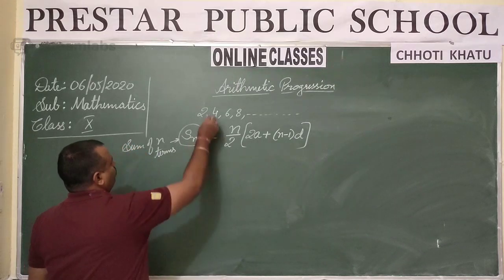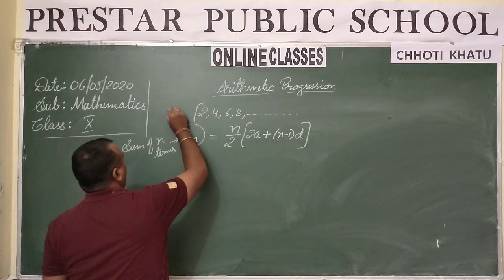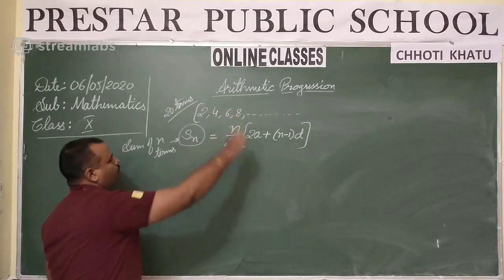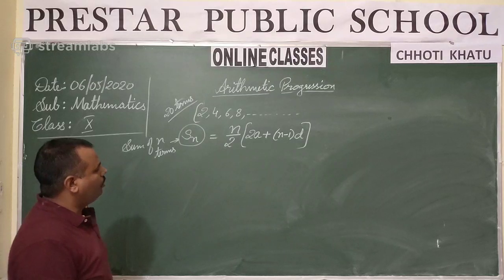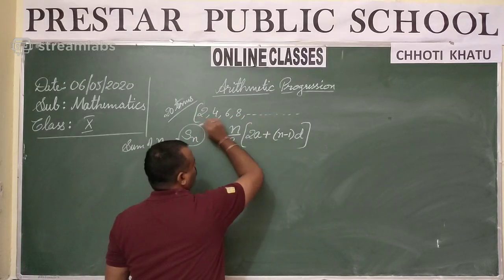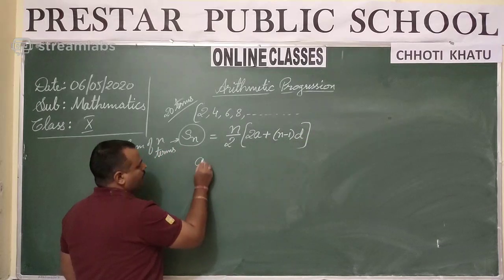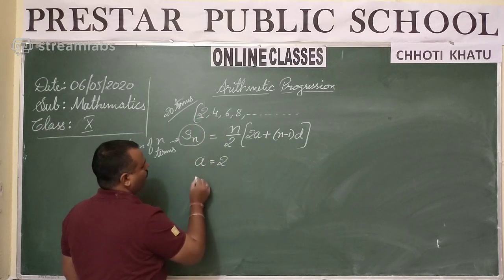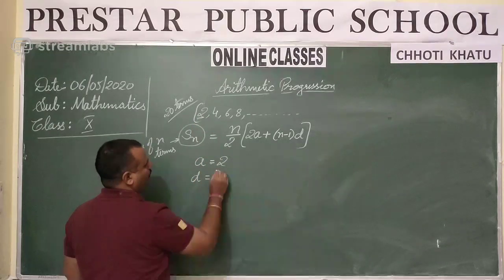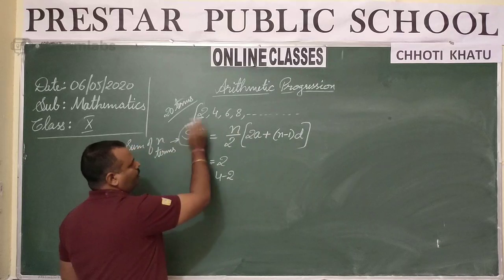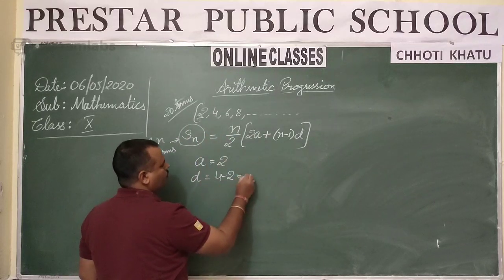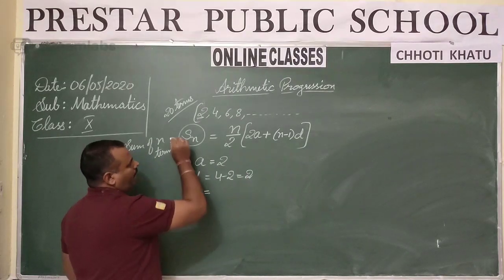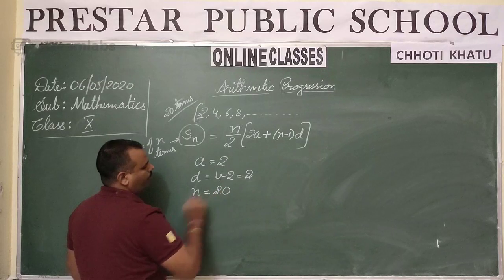So for example, if for this AP you have to add up to 20 terms, then in this AP you have a as 2, that is the first term is 2. The common difference, because it is already an AP, so just one difference is enough: 4 minus 2, that is 2. And the number of terms given here is 20.